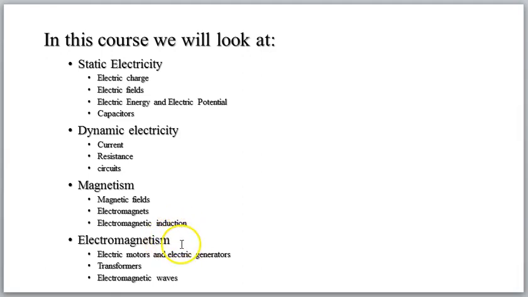So now we have electromagnetism. We also have inductors, so we'll use inductors in our circuits now, also with resistors and capacitors that we've studied before. We'll also look at electric motors and generators, electric transformers, and then we'll start studying electromagnetic waves and how we carry radio waves and light waves. So that's what this course is going to entail.